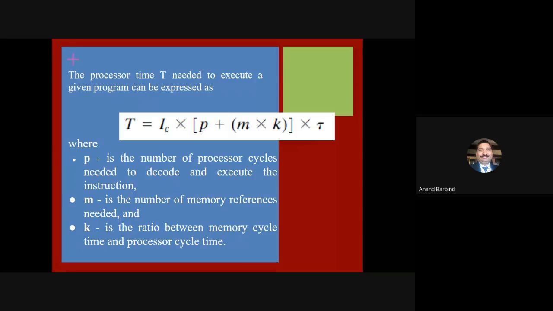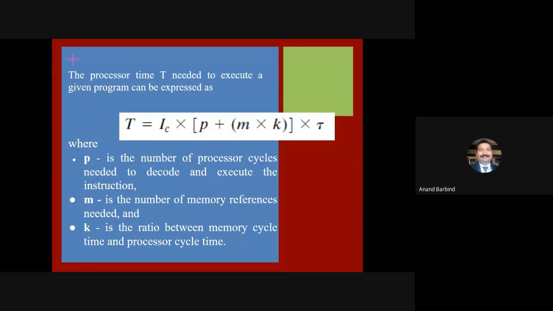That is, T is equal to IC, IC being the total number of instructions, into P. P is the number of processor cycles needed to decode and execute the instruction, and M is the number of memory references needed. P refers to the internal operation of the CPU, whereas M refers to the external operation.